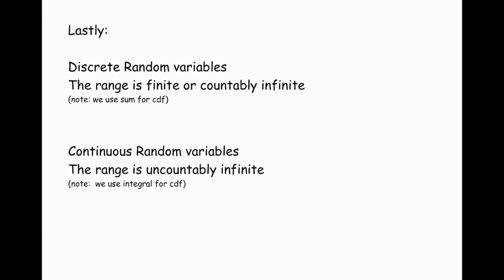We'll cover more of this as the semester goes on, but at this juncture in the semester, we have two types of random variables. One is called a discrete random variable, and the other is called continuous. And it's really important to know the distinction because that's going to impact how you construct these probabilities associated with complex events.